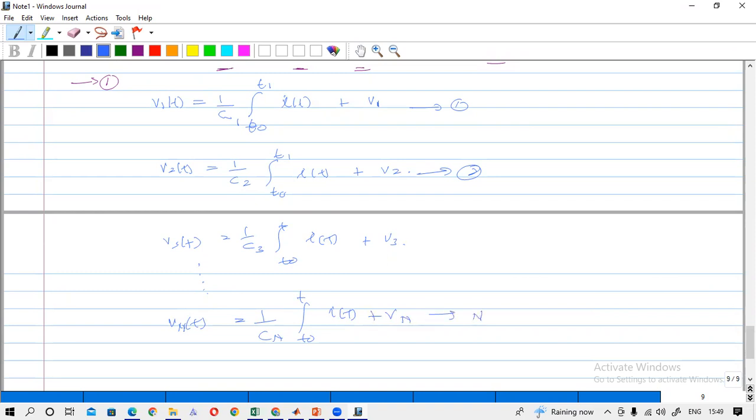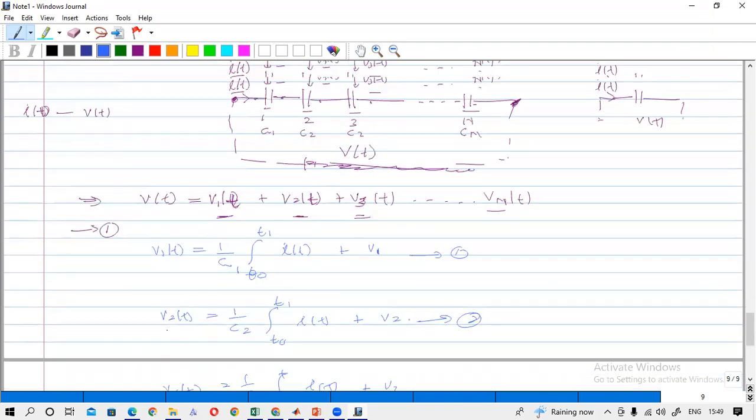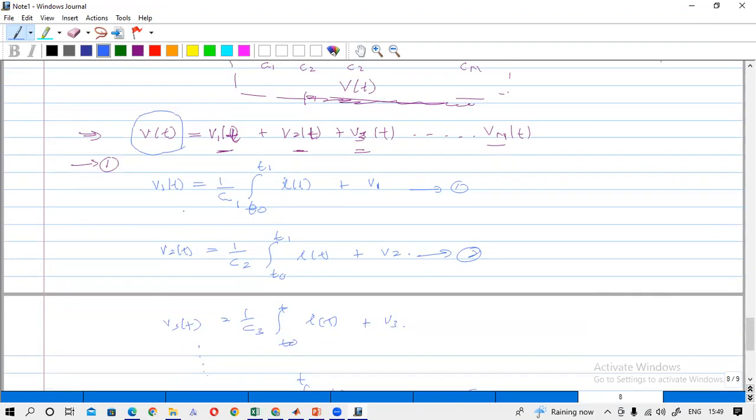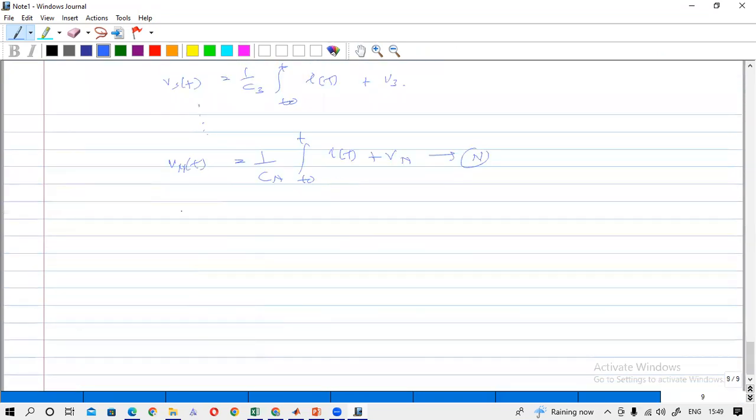So this is the nth term. So if I add this whole expression, I will get V1 plus V2 plus V3 up to Vn, that is equal to V, Vt.